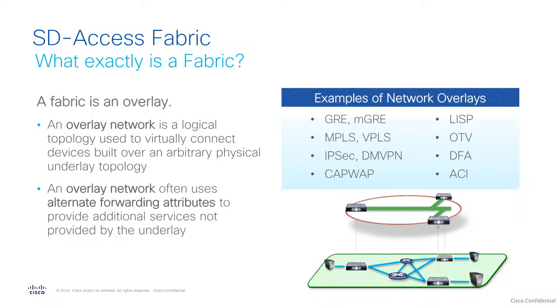Now, why do we need these overlays? Overlays provide alternate forwarding attributes or additional parameters which can be used to provide additional services. With traditional physical underlay networks, these services cannot be used. For example, unless we have a CAPWAP tunnel or an overlay network, we cannot send wireless frames over a wired Ethernet network.